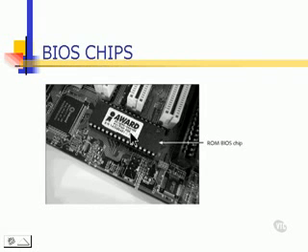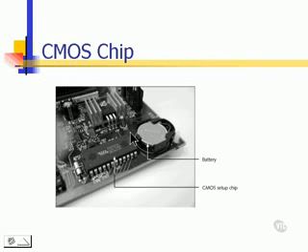A safer method of configuration is CMOS. A CMOS chip holds information, but it can be changed using the keyboard in computer setup, and the information is held using a CMOS battery. We'll look at this in more detail in later lessons as well.